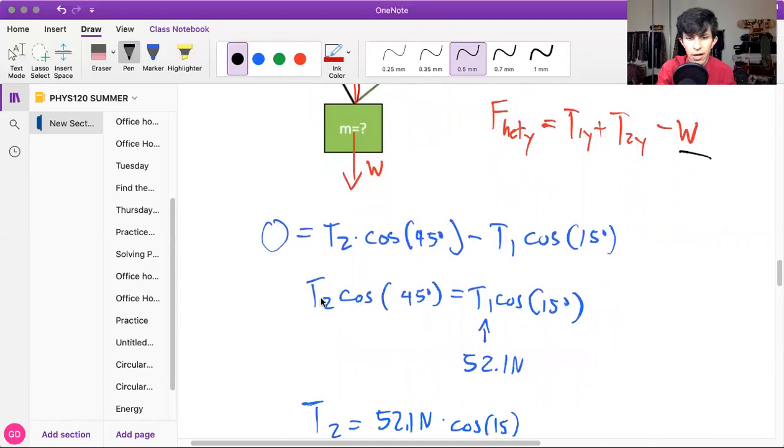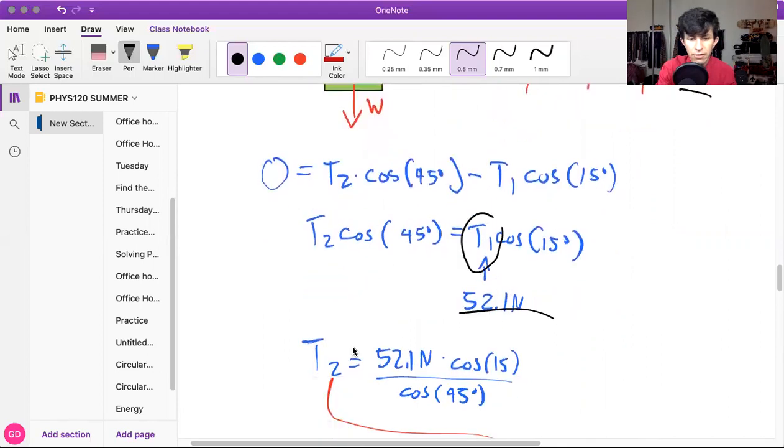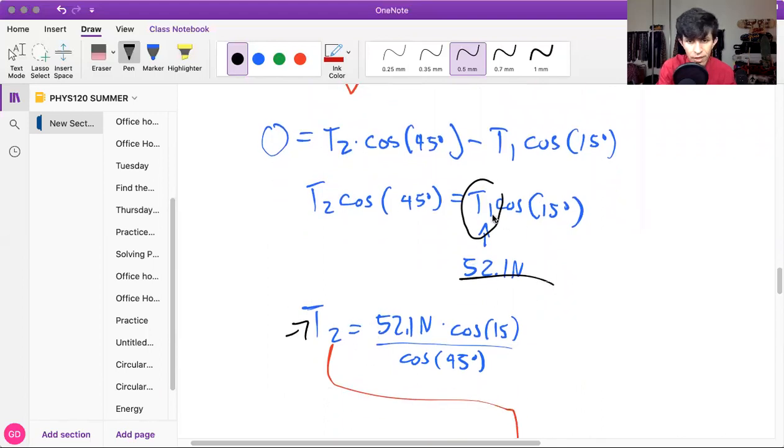Then you plug all of that in. The beautiful thing about this problem is we're given one tension. We're given T1, so you can plug this in. For my case, it's 52.1 newtons. You can just plug it in, and then rearrange everything to solve for T2. We need to know what T2 is. Once you plug this in, you divide cosine to the other side.